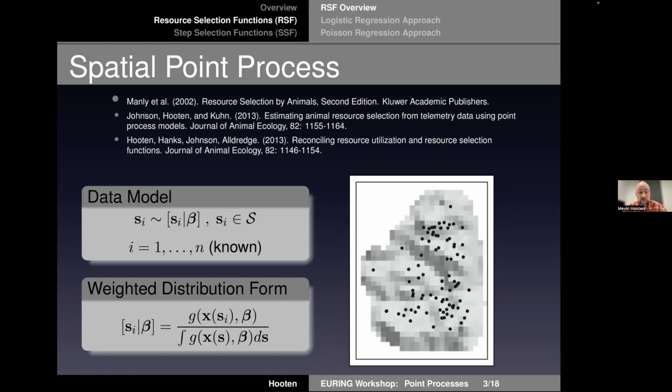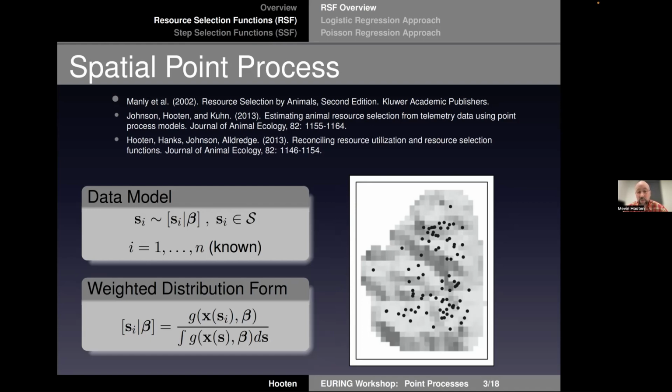Most people use an exponential form of this. So it's E raised to the X times beta. So it's got a regression looking thing, X times beta in there that controls the intensity, or density, if you like to think of it that way, associated with where the points might occur.